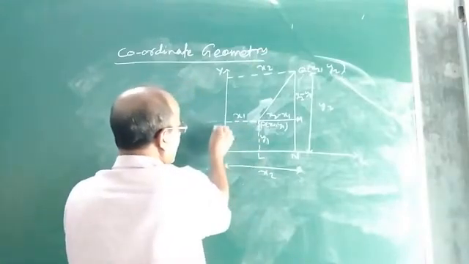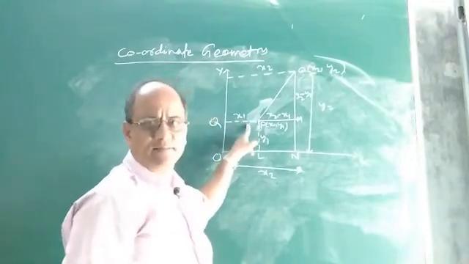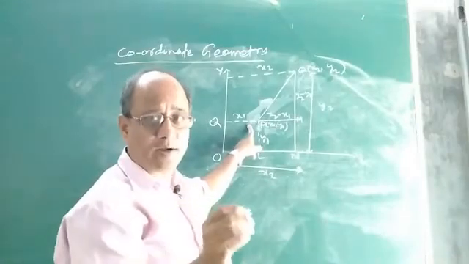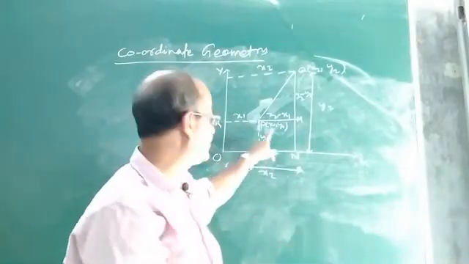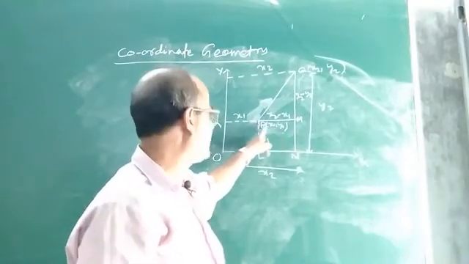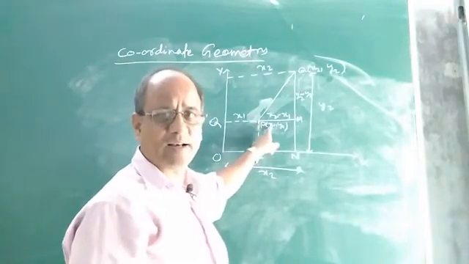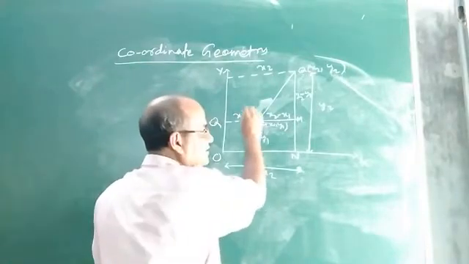Suppose this is Q. Now see, what will be the length of this segment? It will be x1. Why? Because you know the distance of a point from the y-axis is the x coordinate of the point. So if the point P has coordinates x1 and y1, the x coordinate is x1, so its distance from the y-axis must be x1.